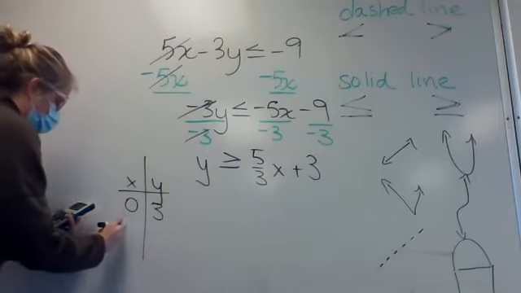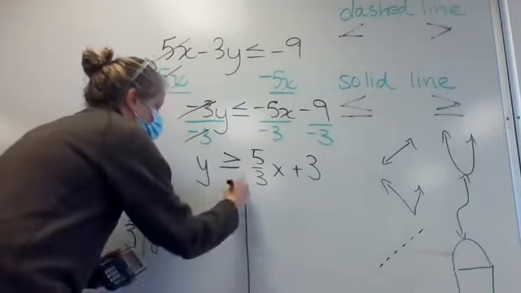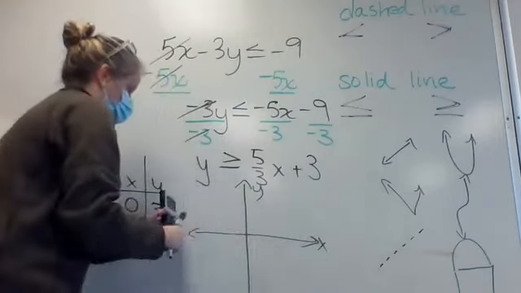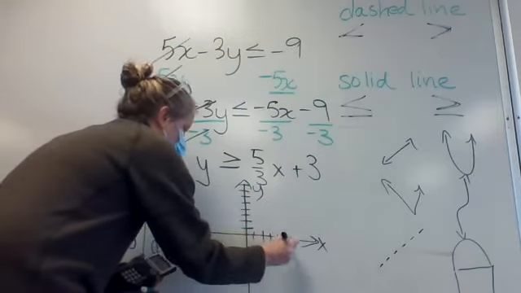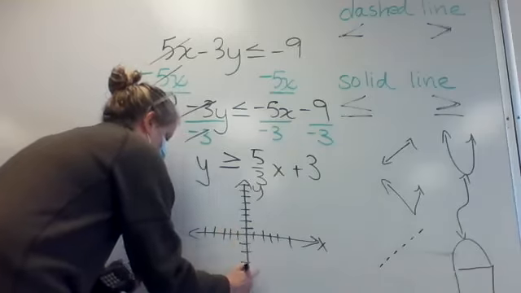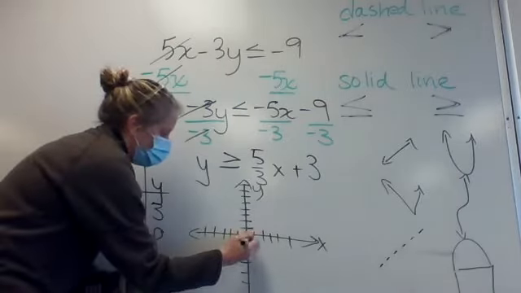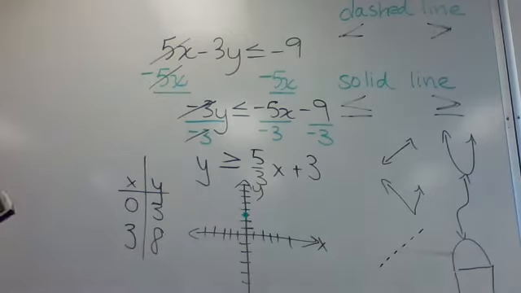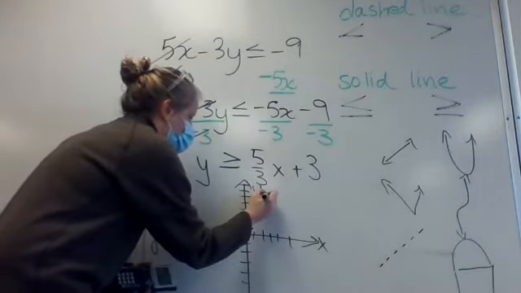And I'll do 3, 8. All right, 0, 3. So left or right, 0, up 3. And then the next one is at 3, 8. So to the right 3 and up 8.